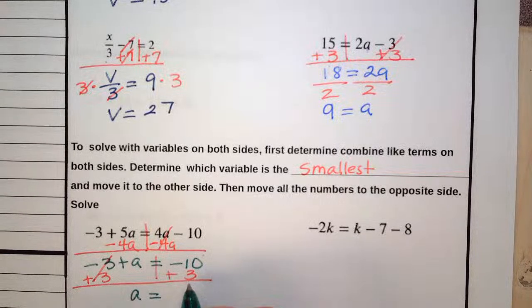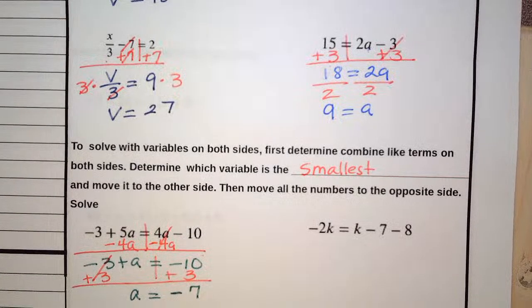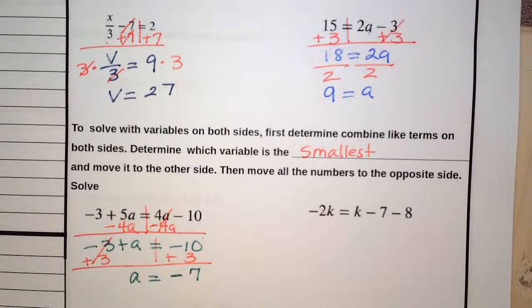They're opposite, so I find their difference. 10 minus 3 is 7. The 10 is larger, so this is -7. Think about what it looks like on the number line. We're at -10, we're coming 3 up towards 0, that means we're at -7.